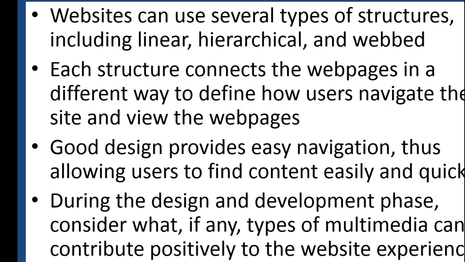As a web developer, you need to select an appropriate structure for the website and work to balance between the depth and the breadth of your website. Users could go to the website looking for information to complete a task. Good design also provides ease of navigation, allowing users to find things very quickly.